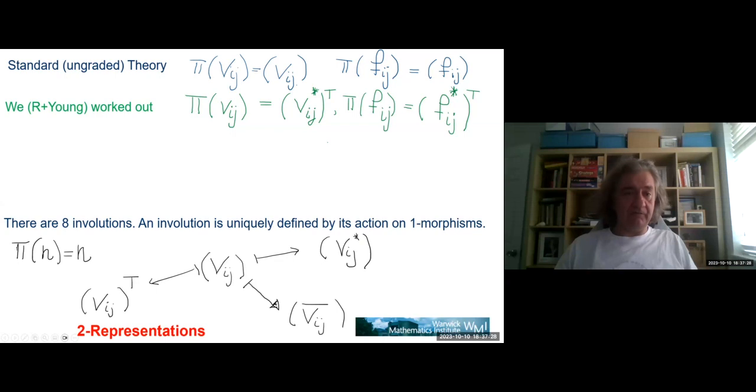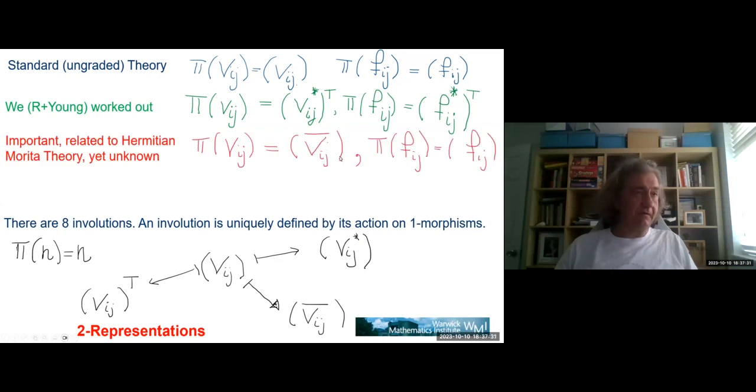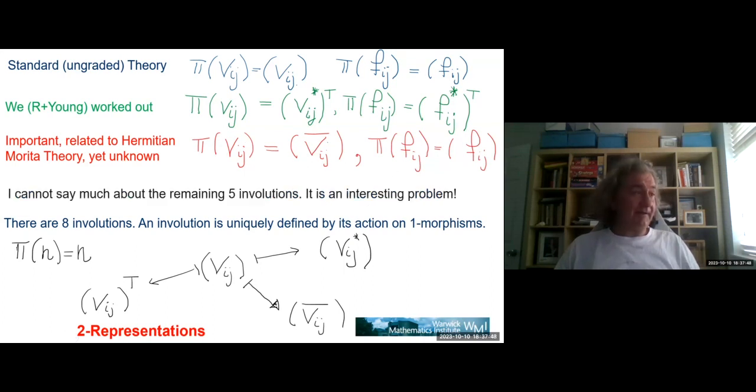And we also had a plan to work out this involution, but never wrote it. So it's still unknown. And I think it's the most important of the remaining 6 involutions because it's related to Hermitian-Morita theory. I can't say much about the remaining 5 involutions, but they are all probably an interesting problem to work out what's happening. Questions?